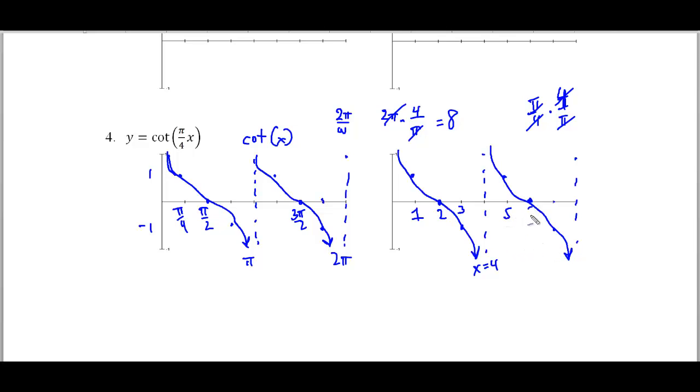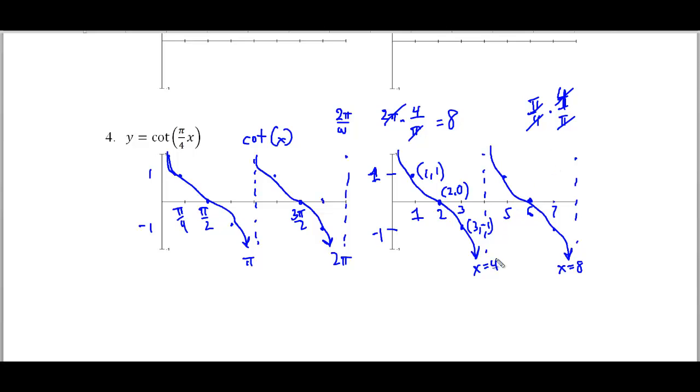And this would be 5 and 6 and 7, and this is going to be x equals 8. Wow, some nice asymptote lines there. And it gives me some easy points, because this is positive 1 and this is -1. So 1 comma 1, 2 comma 0. I like it sometimes when we have these nice numbers without pi's in them.